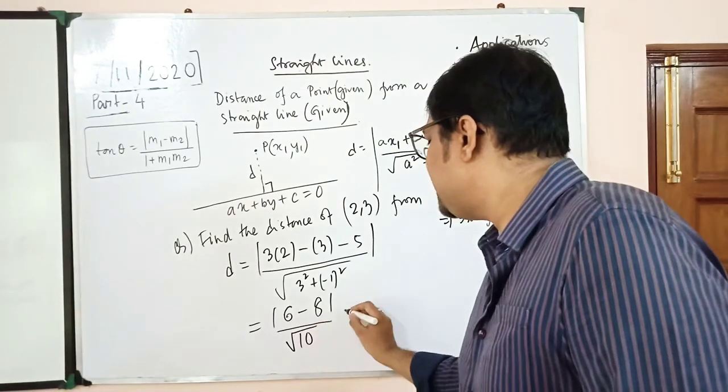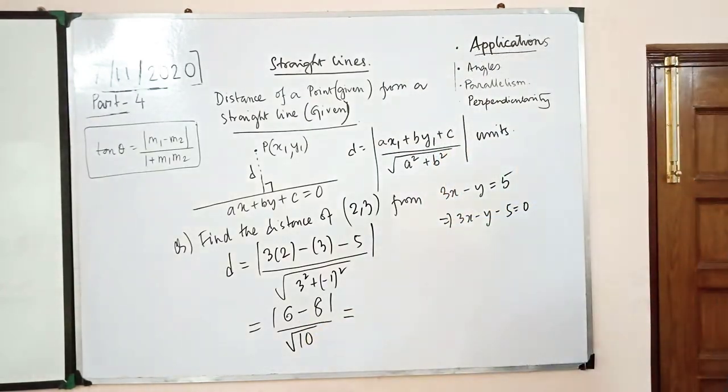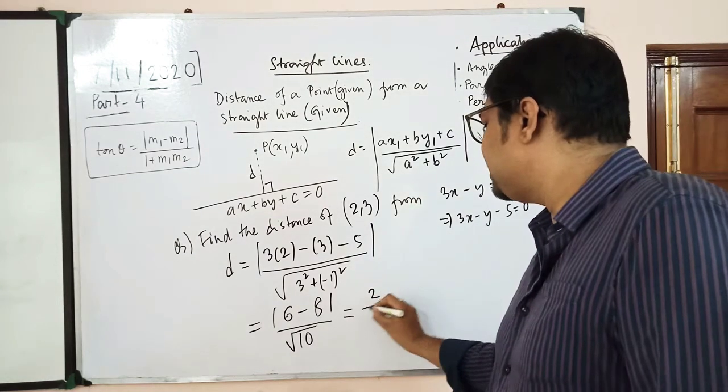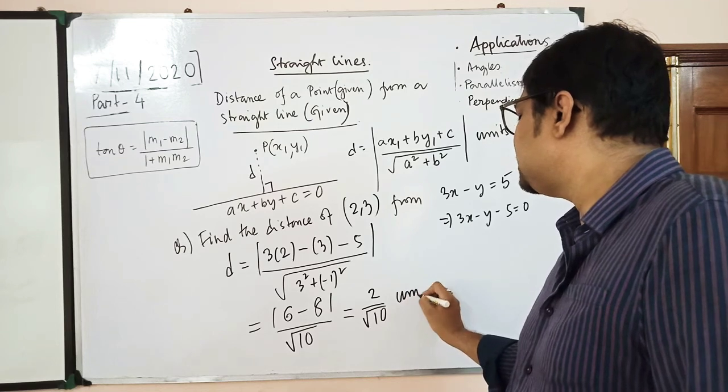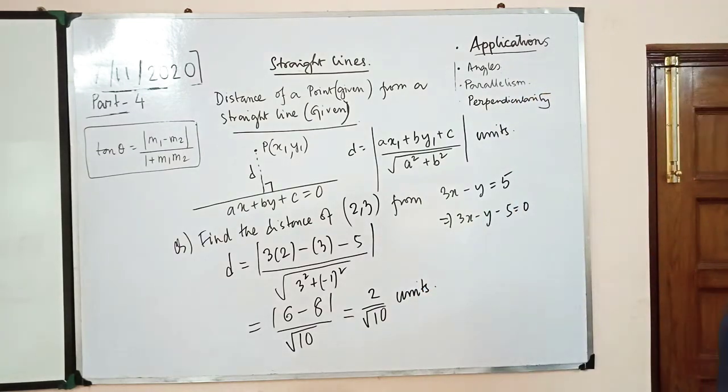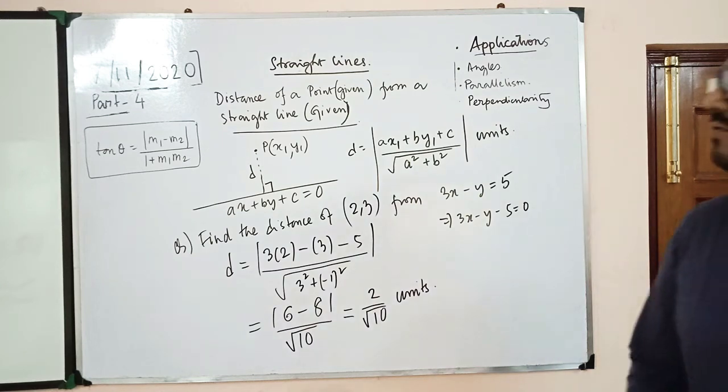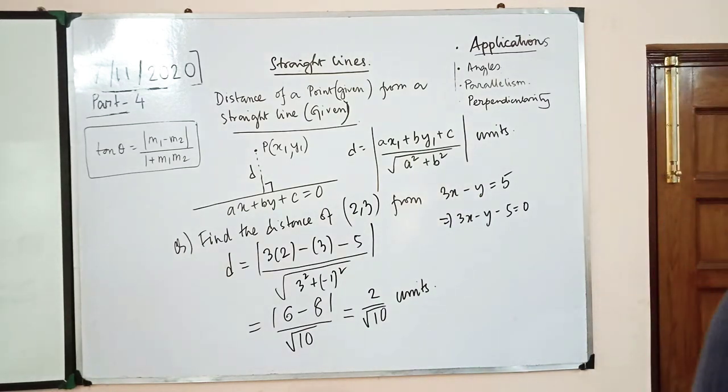So see, this mod is actually helping us, minus 2 which becomes 2 by root 10. Okay, so this is in units. Okay, so this is the distance of a point from a given straight line.